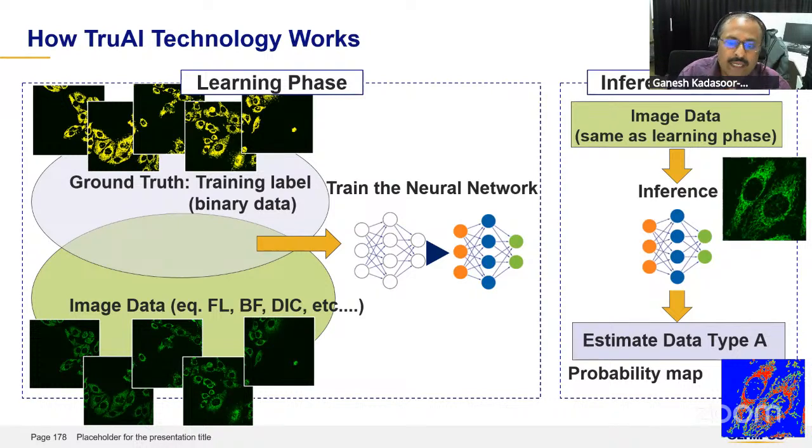Now what I do is I first take a kidney tissue and train my neural network: these are the places where my glomeruli are. Once I train it, now I have hundreds of tissue sections.